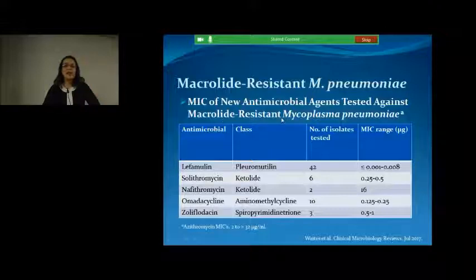So there are some drugs that have been developed to treat macrolide-resistant Mycoplasma. Among them, solithromycin, a drug derived from erythromycin, is in clinical trials to treat community-acquired pneumonia.